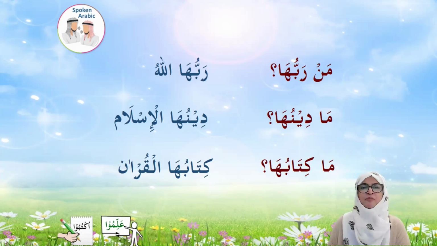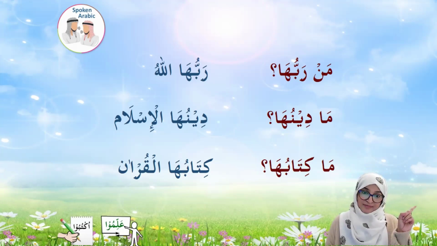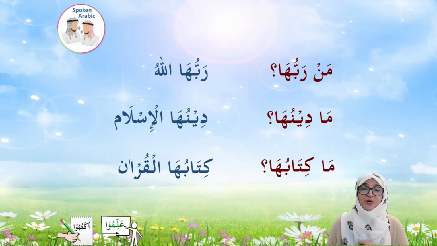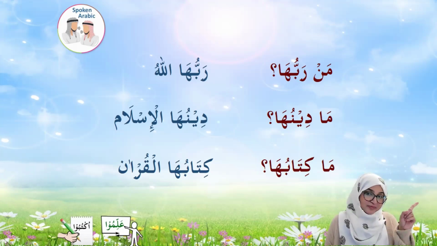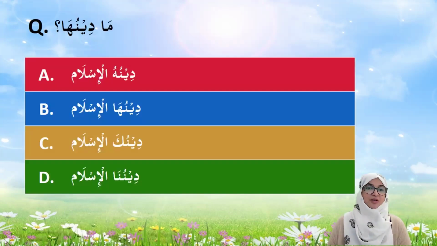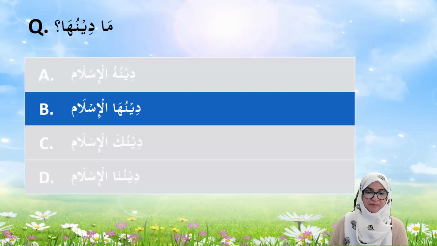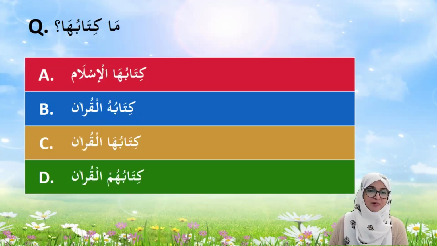So I'm going to ask you questions, please answer me. Man Rabbuha? Rabbuha Allah. Man dinuha? Dinuha al-Islam. Man kitabuha? Kitabuha al-Quran. MashaAllah, very good. Now give me the answer. Ma dinuha? B, Dinuha al-Islam. MashaAllah. Ma kitabuha?